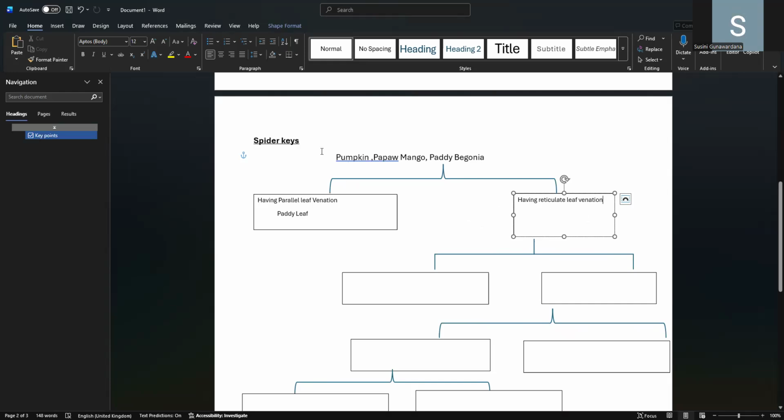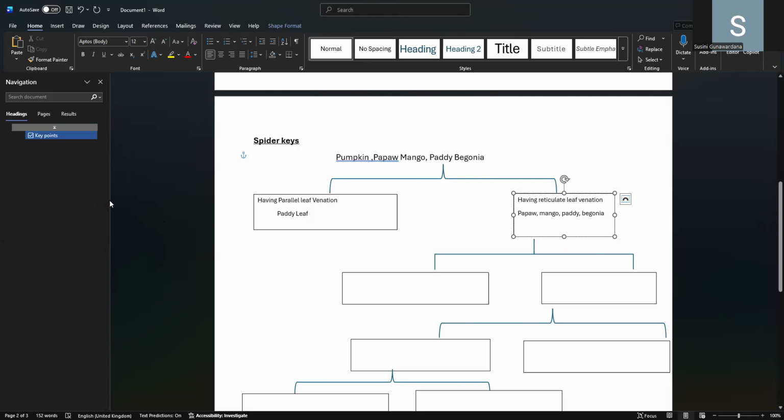And the other organisms, apple, mango, pumpkin, and also begonia, have reticulate venation.